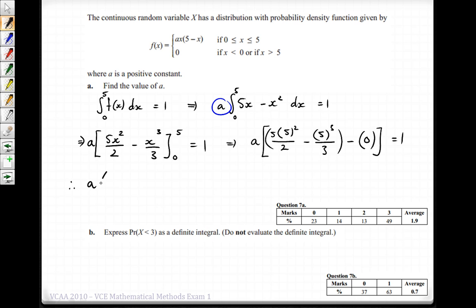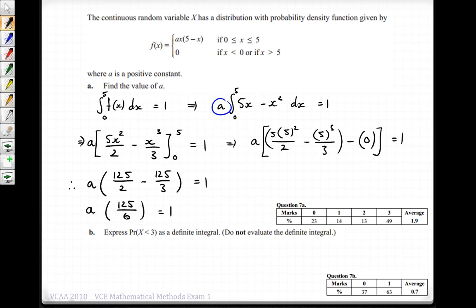Therefore, a outside of, so 5 times 5 squared is 5 times 25, which is 125 on 2, take 125 on 3, equals 1. This inside here, 125 on 2 minus 125 on 3, works out to be 125 on 6, equals 1.